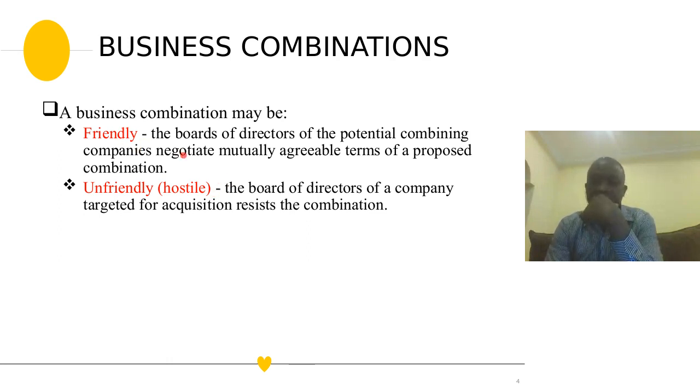In a friendly business combination, the boards of directors of the potential combining companies negotiate mutually agreeable terms of the proposed combination. They can negotiate on the value of acquiring the assets. They can also negotiate on the goodwill that is to be paid by the acquirer. And so that will be negotiated in a friendly acquisition.